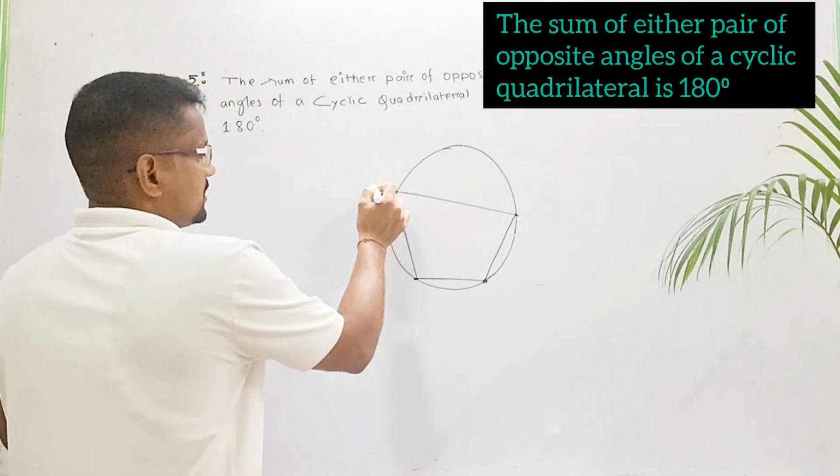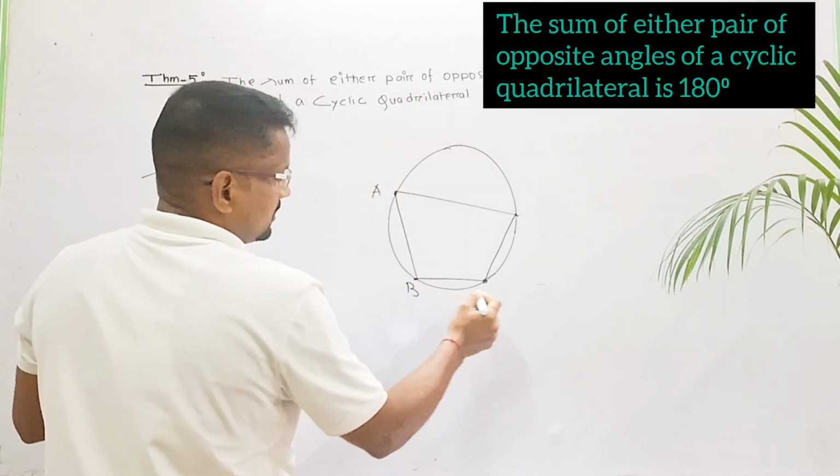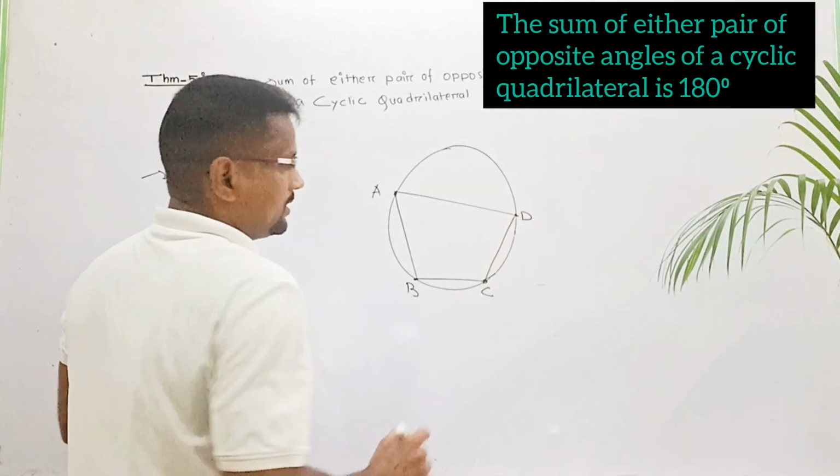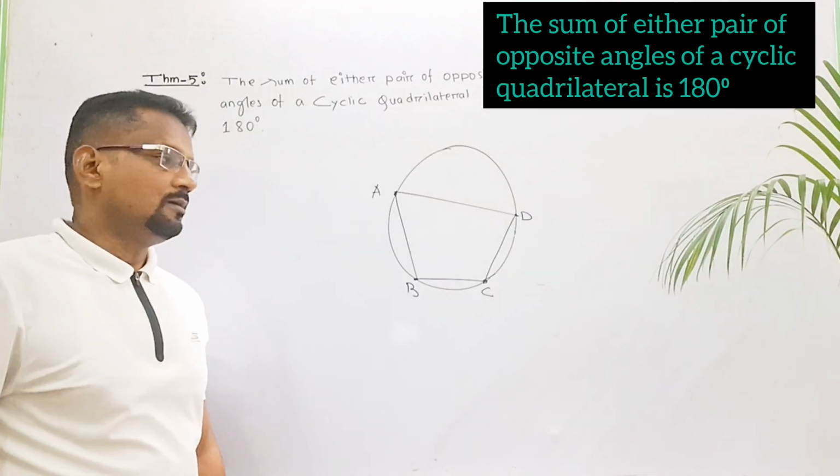So say it is A, B, C, D. It's a cyclic quadrilateral.